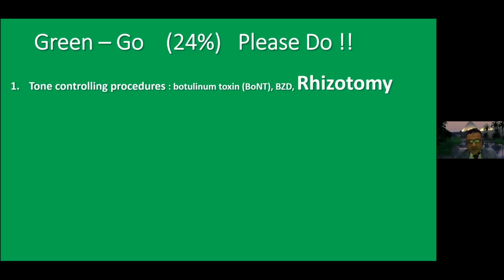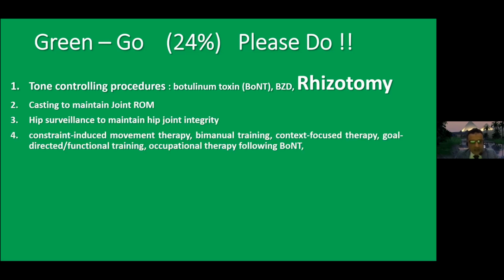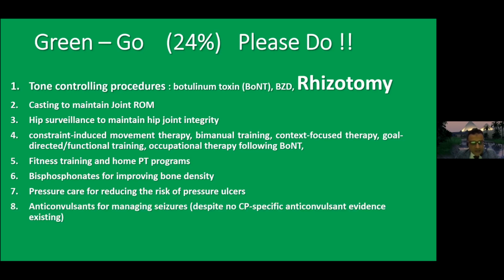First of them were the tone controlling procedures like botulinum toxin, rhizotomy, or some medications for lowering tone. Others like casting, hip surgery, some physical therapy techniques, bisphosphonates to improve bone density, care of pressure sores and ulcers, and anticonvulsants to control seizures, which are an indirect cause for deterioration of motor function in children with cerebral palsy.